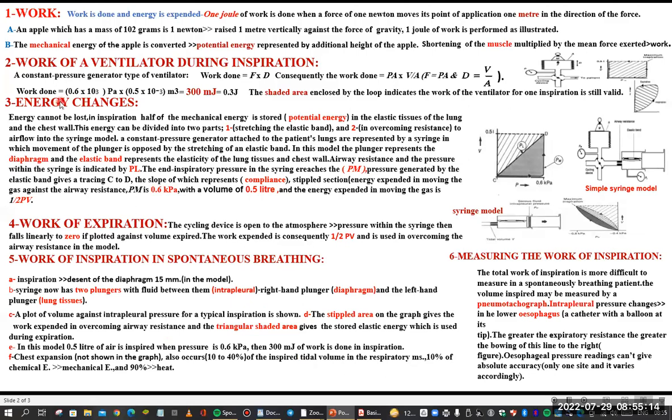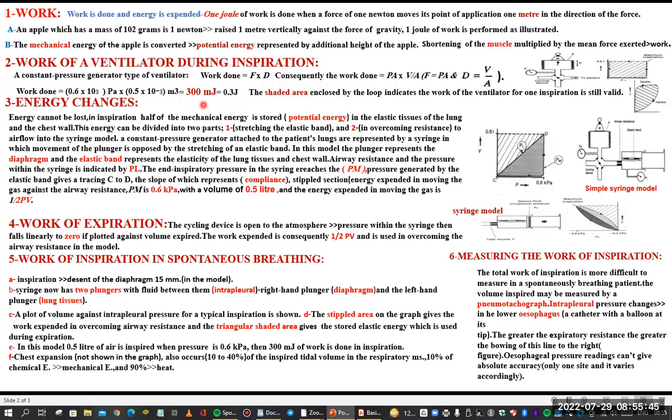Whenever I want to calculate, I multiply the pressure, which was 0.6 times 10 to the power of 3, times half a liter, which is converted to cubic meters. The end result will be 300 millijoule, which is equal to 0.3 joule.